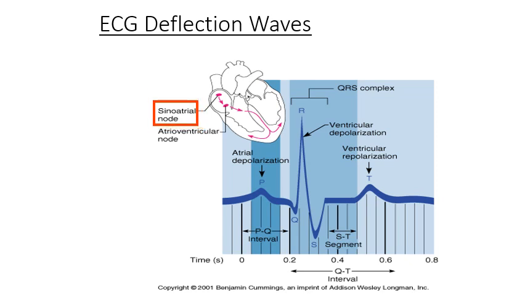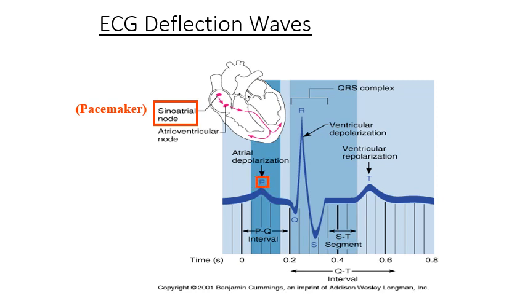So again, let's remind you of the SA node that will generate the electrical activity of the heart and will be transmitted into the whole atrium and also into the AV node, where there will be a small delay of the electrical current, and then it will move to the AV bundle and Purkinje system toward the ventricles of the heart. So the sinoatrial node is the pacemaker, the normal pacemaker. It will decide the heart rate.